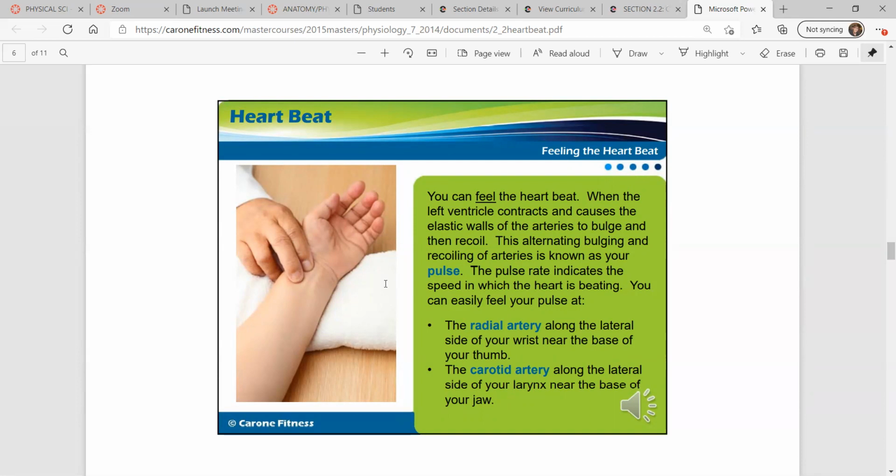You can easily feel your pulse at the radial artery along the lateral side of your wrist near the base of your thumb, or the carotid artery along the lateral side of your larynx near the base of your jaw. So radial artery near your hand, wrist, carotid artery near the base of your jaw.